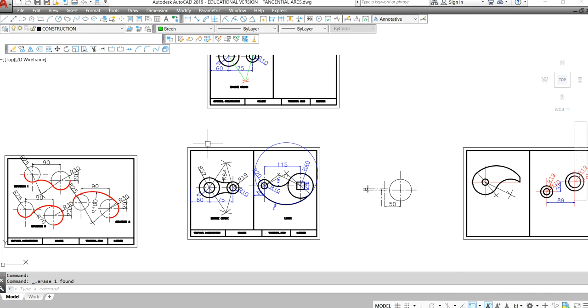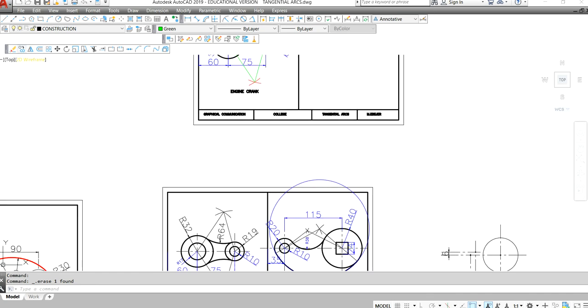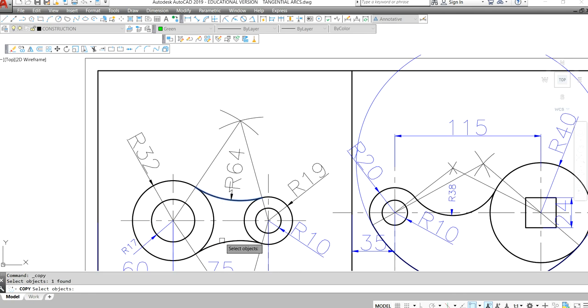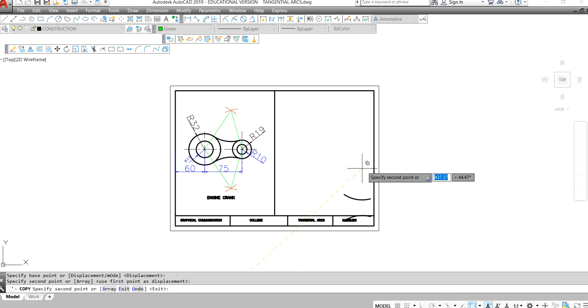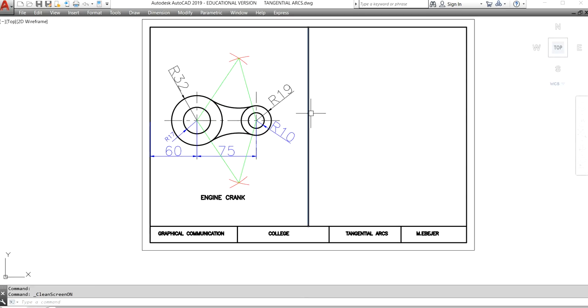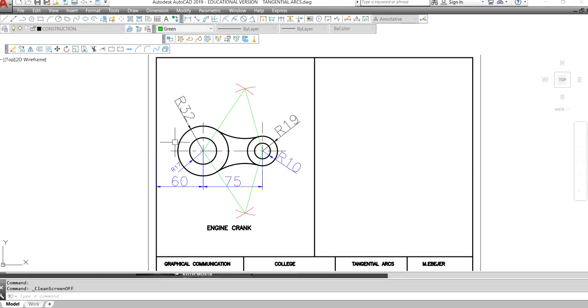Now basically what you need to do, you open the compass from the center to one of the circles because the radius is the same. So this we obtained the radius of 64.